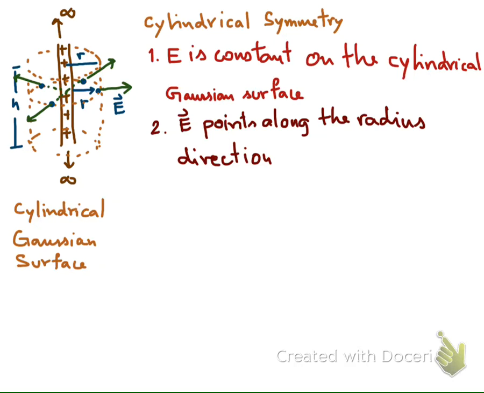One important thing is that in this problem, the charge is infinitely long. We cannot have these two expectations if the line charge has finite length, because the symmetry is destroyed.